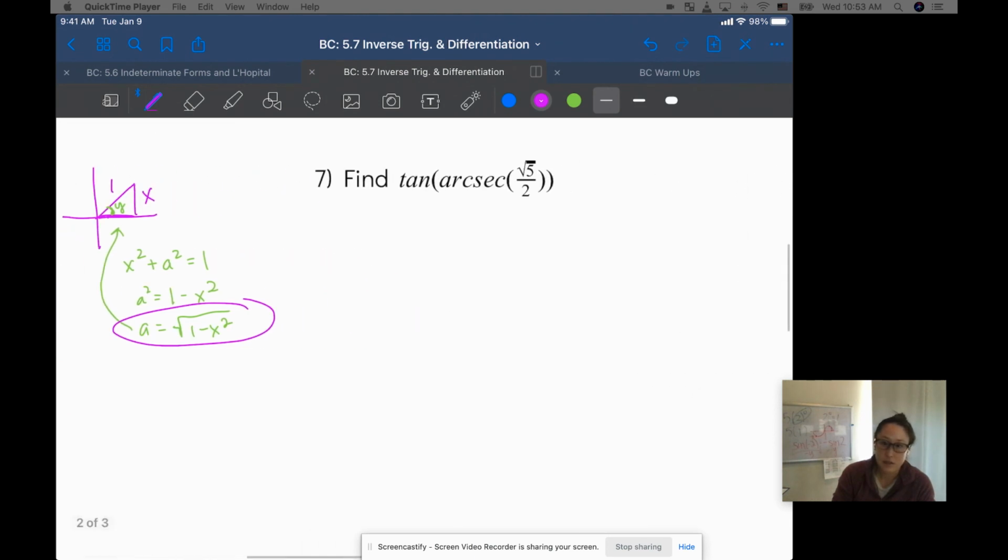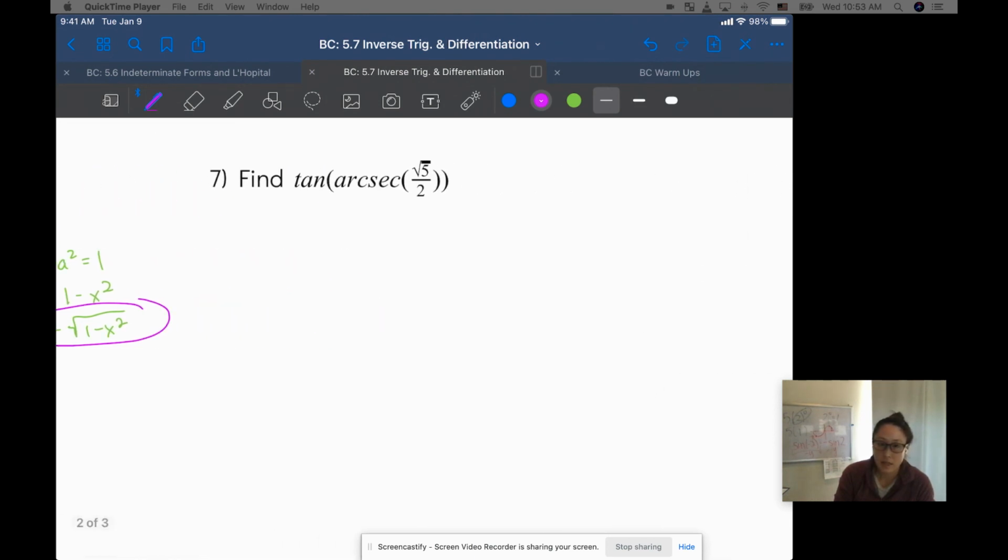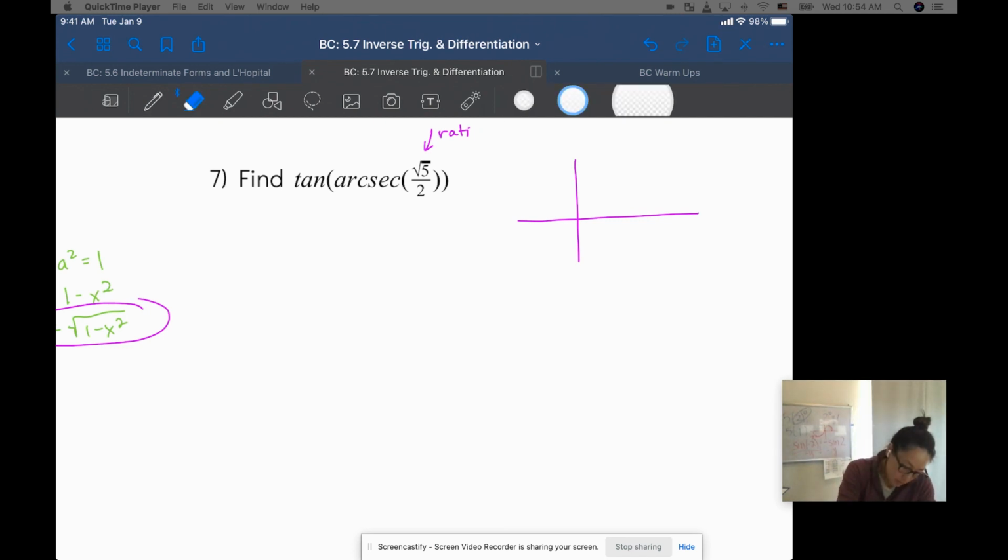Okay, let's do another one. So the tangent of the arcsecant of root 5 over 2. So again, this is my ratio, root 5 over 2. And we're talking about secant, so I put the ratio. Okay. All right.